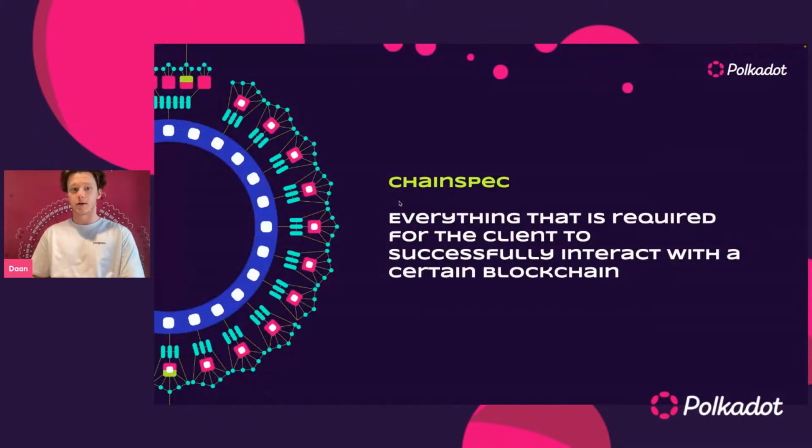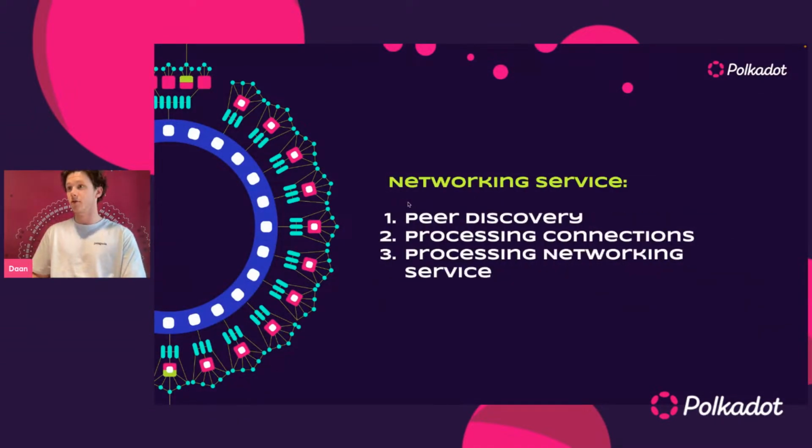If we then continue, we have the networking service. The networking service has three main tasks, the first being peer discovery. Very simply put, through the Kademlia protocol, it decides which peer we are connected to.